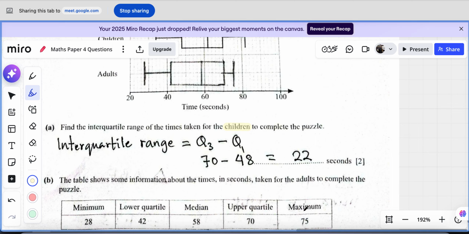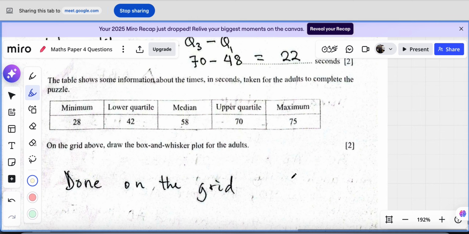And the maximum is 75, so you draw a line at 75. Then you join everything together, you know how to draw the box and whisker, and then you get your box and whisker for the adults. You do that correctly, you get 2 marks. I wrote here, done on the grid, so that you can get these 2 marks, okay?